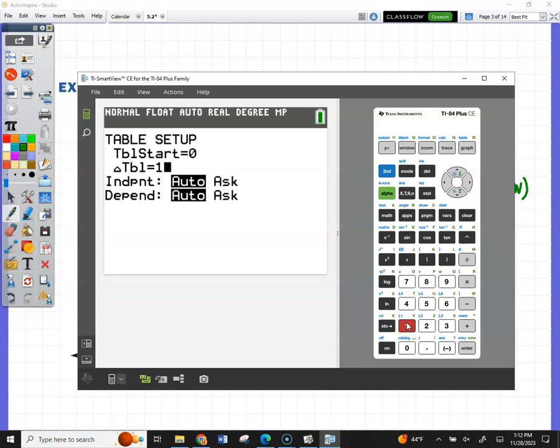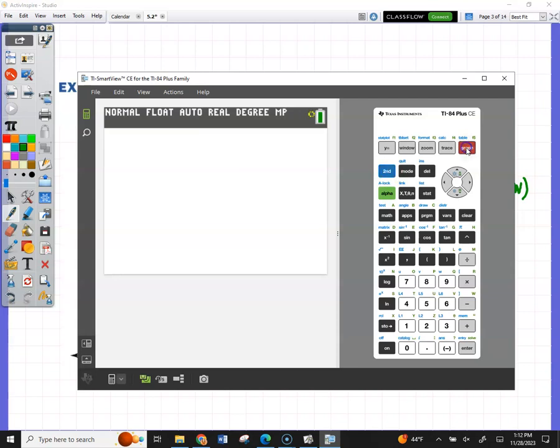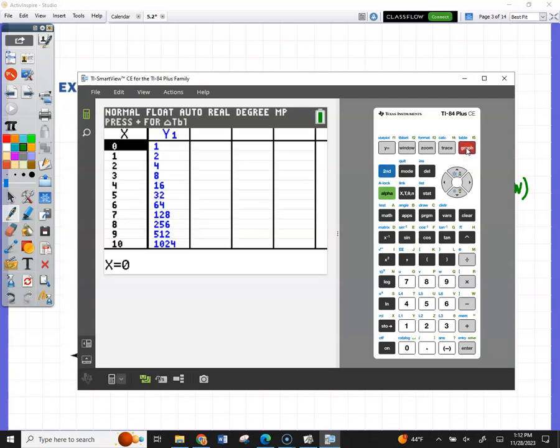And I leave it on auto because I just want to see the whole running table. Hit enter, and then now to get to the table, hit second graph. You'll notice above graph, it says table. There's your giant T-chart. And now pick the numbers that you can nicely fit on the coordinate plane that I've given you.